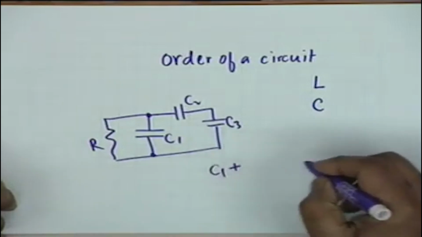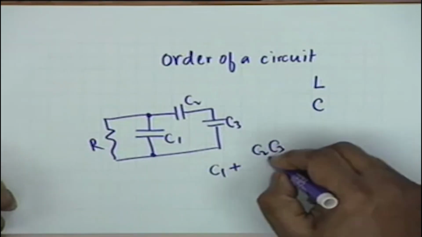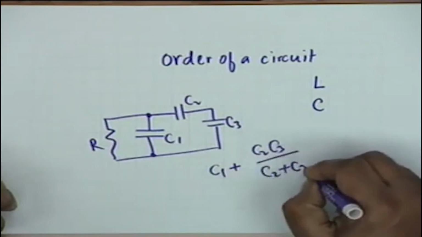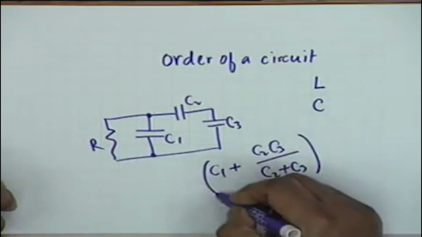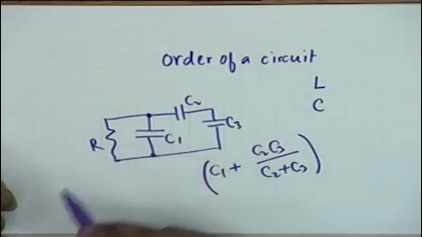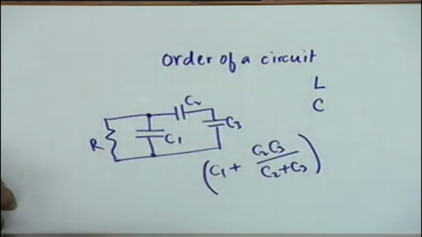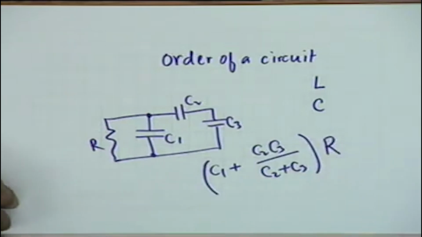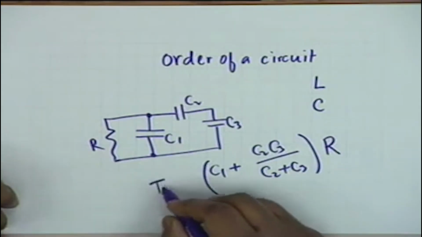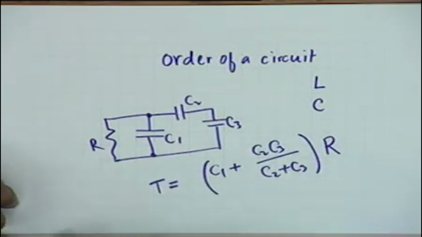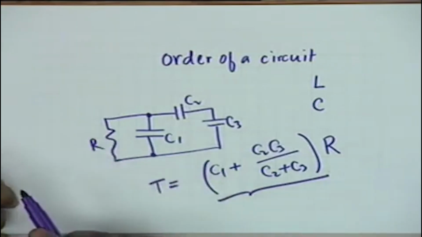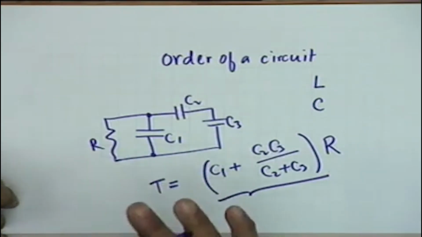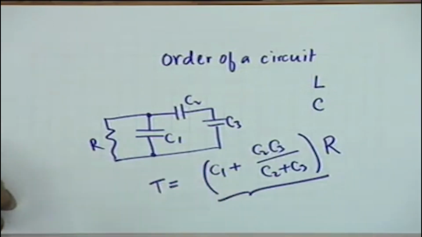It would be C1 plus C2 C3 divided by C2 plus C3, and therefore this is the effective capacitance connected across the resistance R, and this behaves as a first order circuit with an effective time constant of this total effective capacitance multiplied by the effective resistance across it. Similarly, there may be more than one resistor here, but effectively they behave like one resistor.